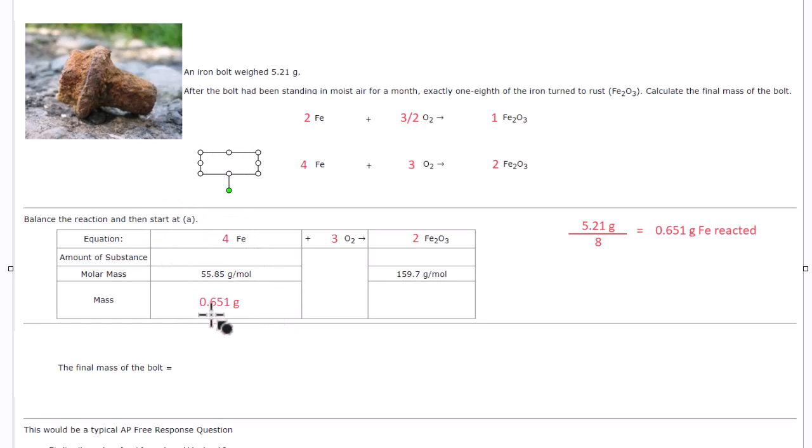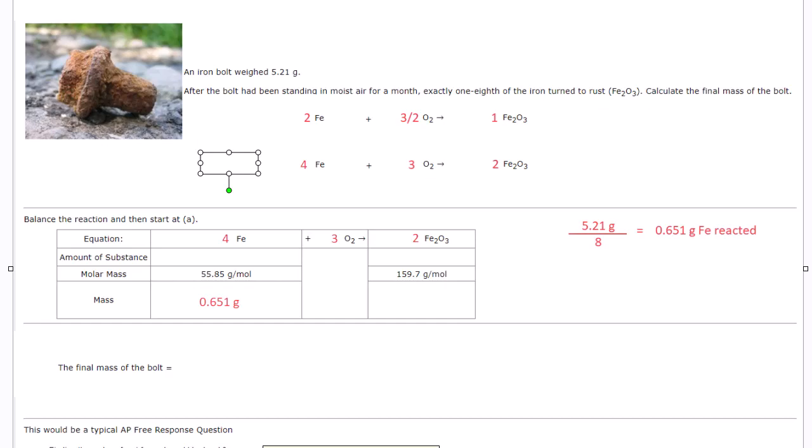And of course, a chemist is going to change this into moles because moles is going to make this easy. This 0.651 is grams, it's not moles. Well, you should know by now. An AP chemistry student says, okay, I can use dimensional analysis for this, but I know grams divided by molar mass, in this case of iron. And again, you'd have a periodic table if they didn't give it to you.